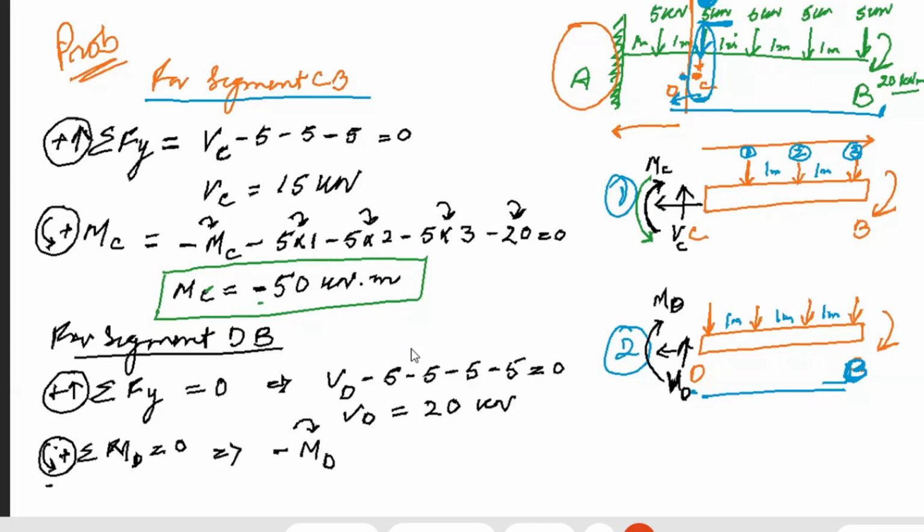Therefore, minus MD minus 5 into 1 minus 5 into 2 minus 5 into 3, minus 20, equal to 0. So your MD comes out to be the same, minus 50 kilonewton meter.